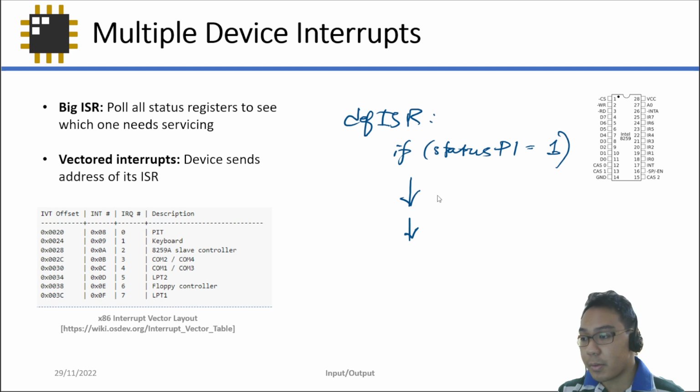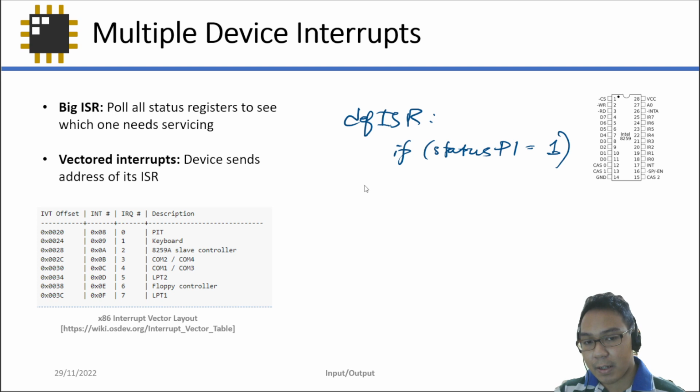But there is another way to go about this, because surely there must be a better way than making that many if statements. If, for example, we have 64 peripherals, or even just as many peripherals as your modern day phone has, there's a method called vector interrupts.